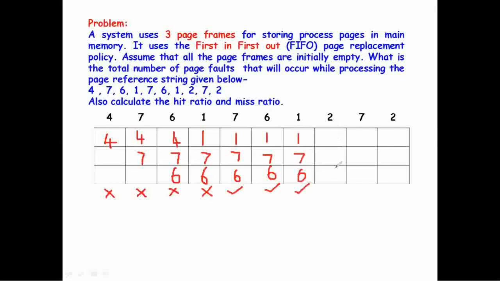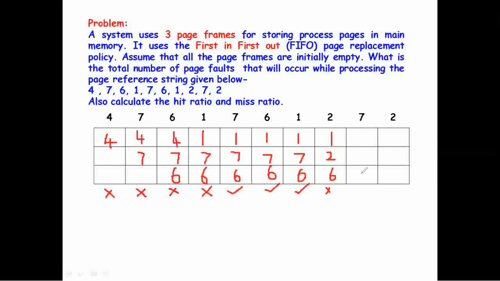2 is not available, so a page fault will occur. Now 2 has to be replaced. So this will be replaced in the oldest frame. The oldest frame is 7. So at the place of 7, 2 will get in. 7 is not available.